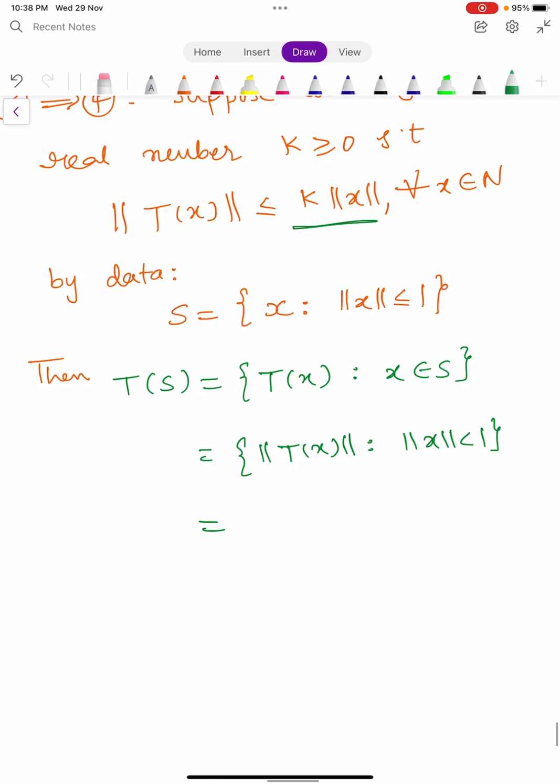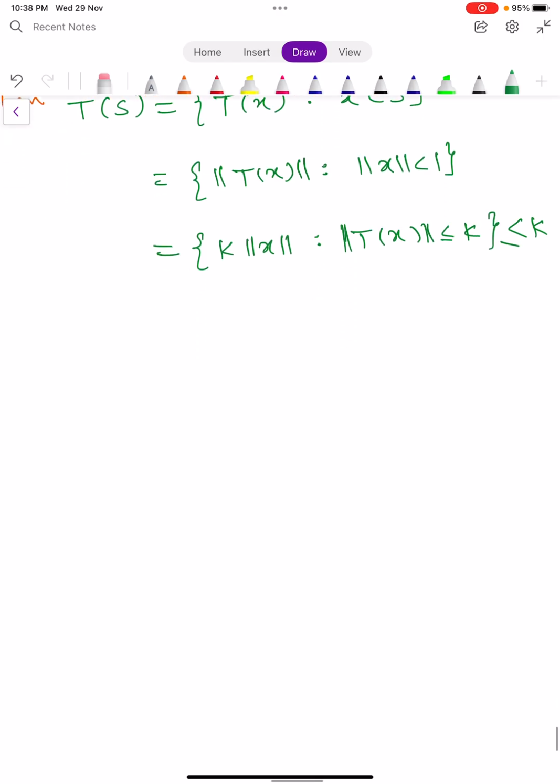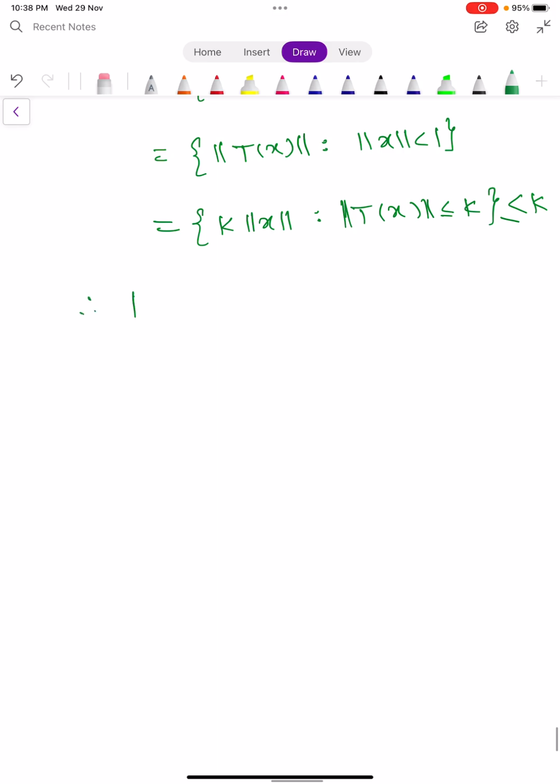Here you observe that norm T of x is less than or equal to k into norm x, so norm T of x is less than or equal to k. This shows us this set is bounded by k. Hence we show that T of S is bounded by k. Therefore we conclude T of S is a bounded set in N dash.